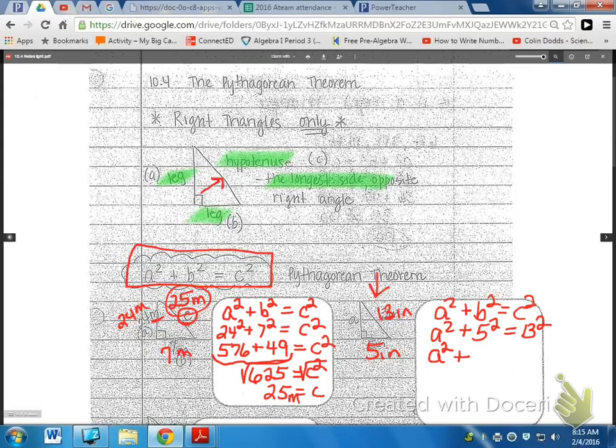Wouldn't that be 625? Nope, 5 squared. 5 times 5. No, 25. And then 13 squared. 13 times 13. It's 169.